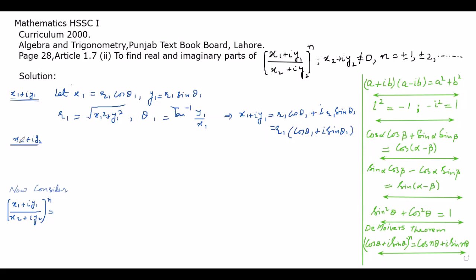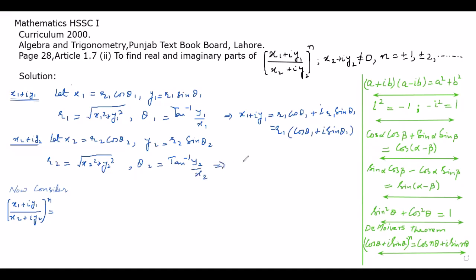Similarly, we will convert x2 + iy2 into its polar form. Let x2 = r2 cos θ2, y2 = r2 sin θ2. We will get r2 equals the square root of x2² + y2². θ2 will become tan inverse of y2 by x2.